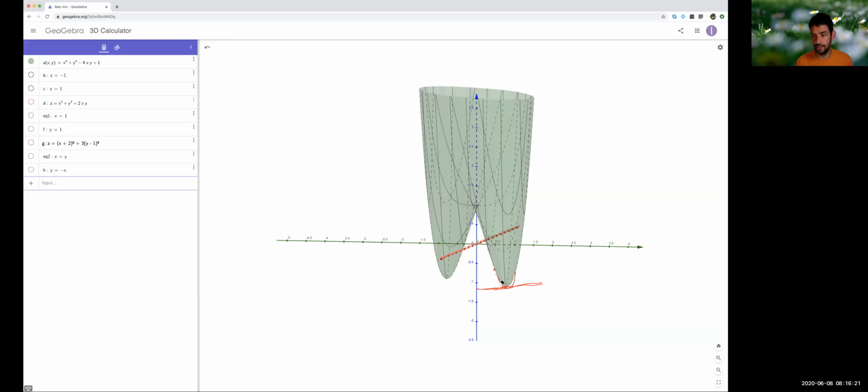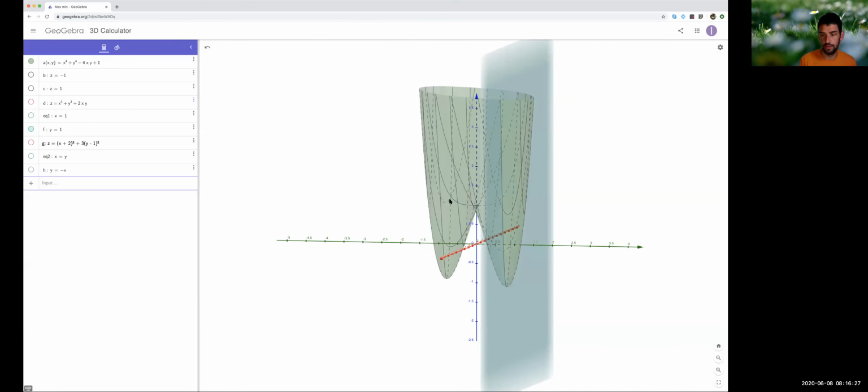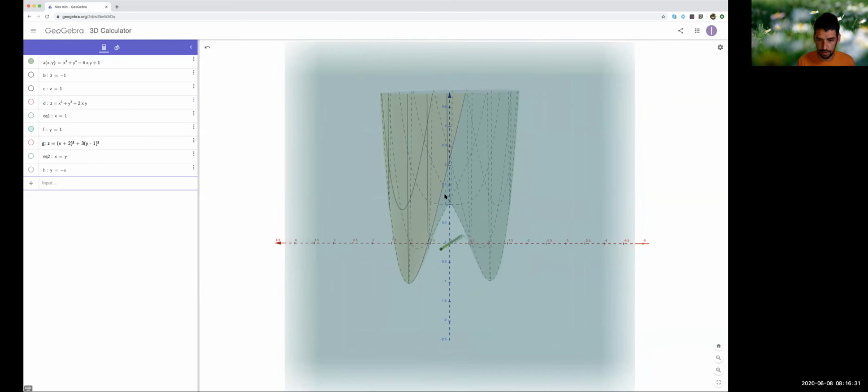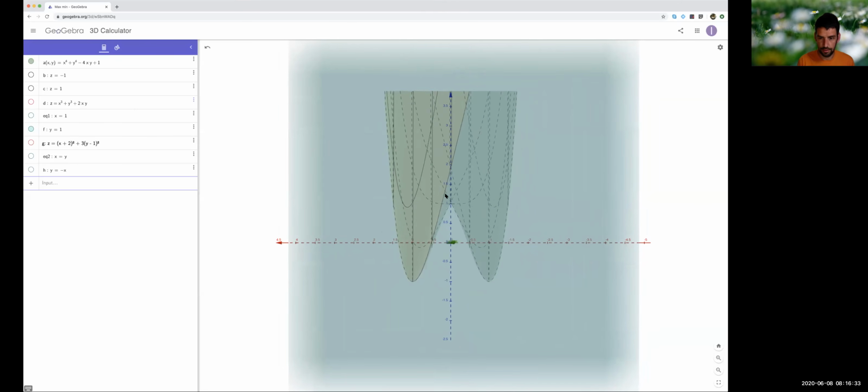Let's look at the plane y equals 1. Right? So now, somewhere about right here, we see the same kind of shape, right?